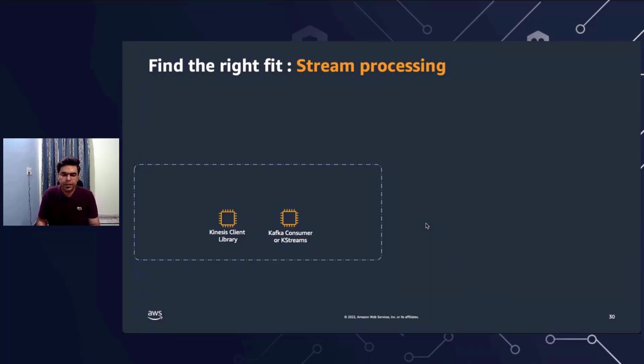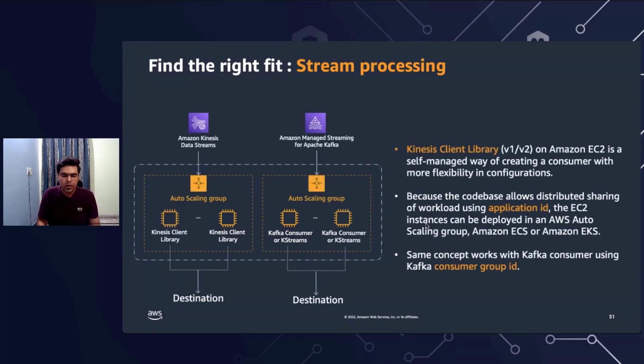Kinesis Client Library is a project available in the AWS samples repository, which is a way to consume from a Kinesis stream in a distributed manner. We also have Kafka consumers, which use the consumer group ID. And we also have Kafka Streams, which is an API built on top of the consumer API to read from Kafka topics.